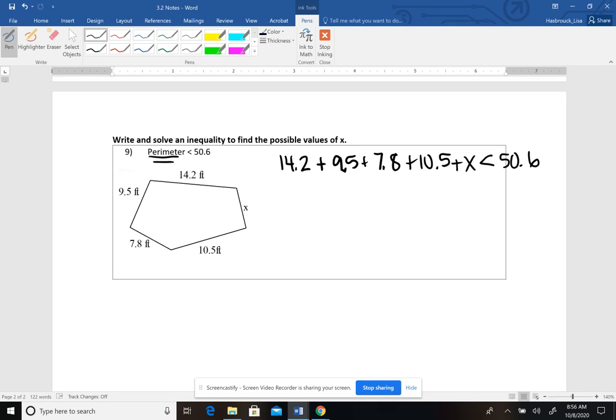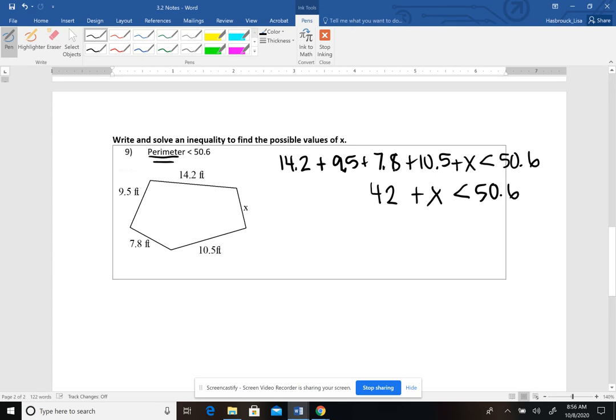So we are going to take 14.2 plus 9.5 plus 7.8 plus 10.5 plus x. So I'm going to add up all of the 14.2, 9.5, 7.8, 10.5 first to get 42. Plus x is less than 50.6.